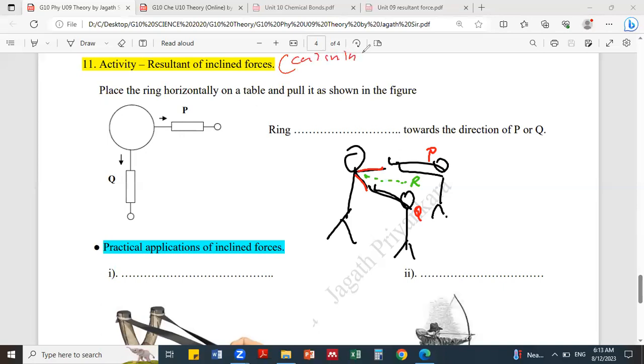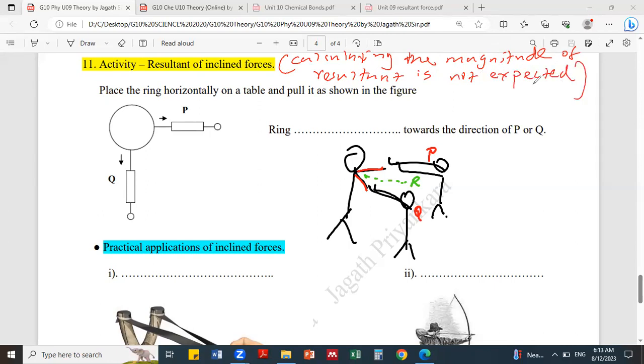Calculating the magnitude of the resultant, that is the value, is not expected under O level. A level yes, but not O level. But direction, yes. You should know how to mark the direction. You better note that down, otherwise you will try to calculate that also.